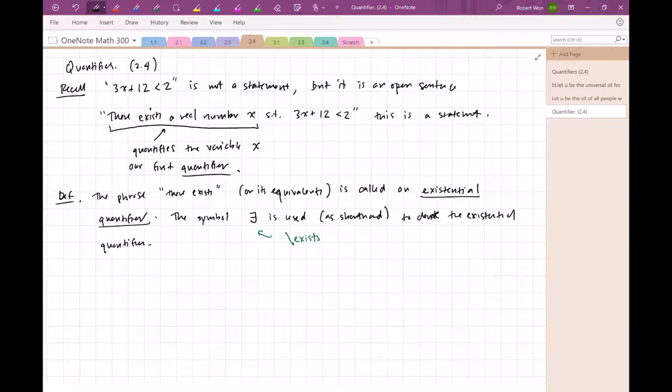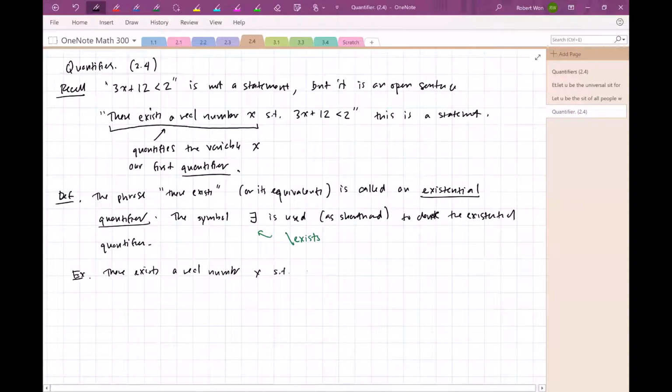We already have an example of this, right? There exists a real number x such that 3x plus 12 is less than 2. Here's another example. There exists a real number x such that x squared equals 2. This is a statement, and it's a true statement.